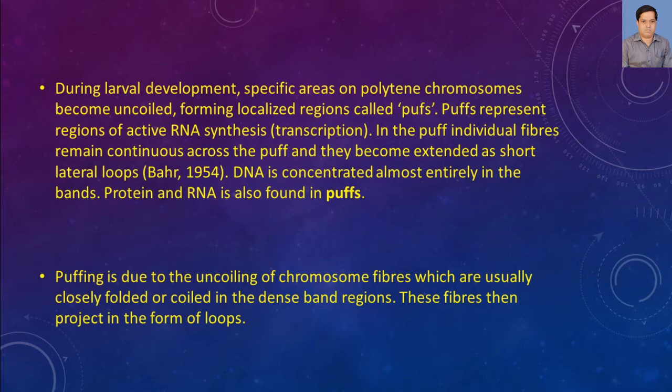Puffing generally happens due to the uncoiling of chromosome fibers, which are usually closely folded or coiled in the dense band region. These fibers then project in the form of loops.